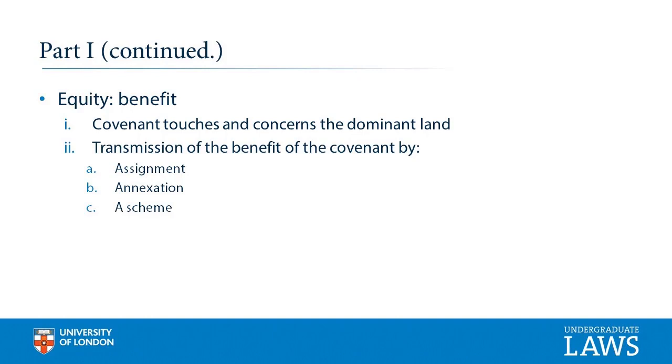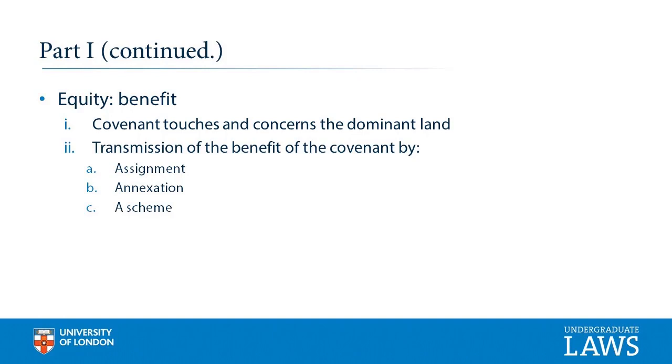The second condition is that the successor acquires the benefit of the covenant by assignment, or by annexation, or by a scheme. The touch and concern condition was discussed earlier, and that discussion will not be repeated here. However, it is necessary to briefly consider the law relating to assignment, annexation, and schemes.